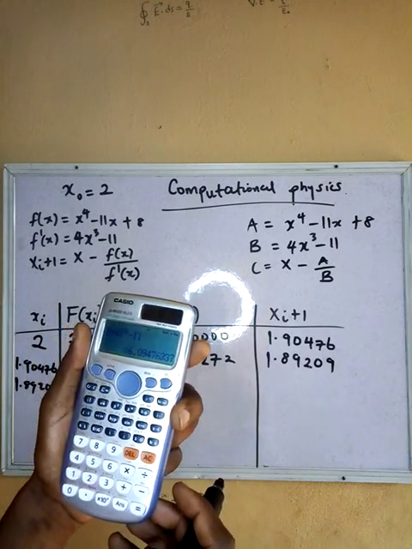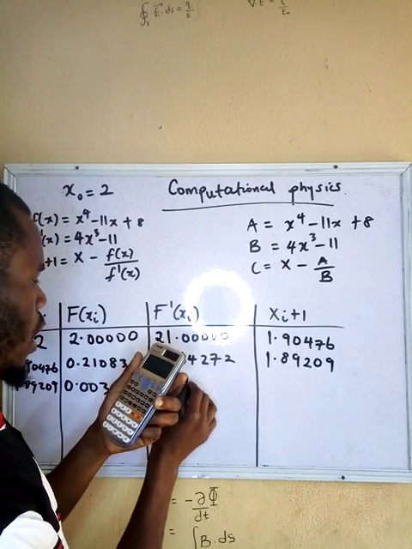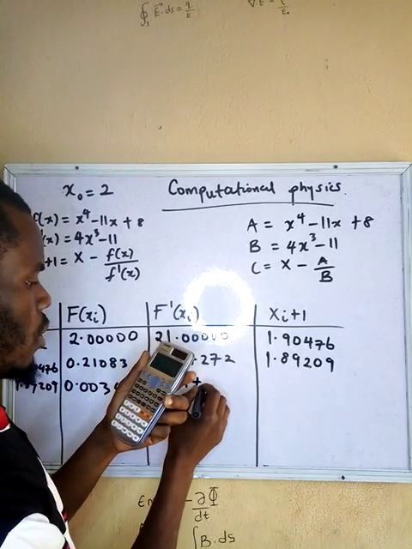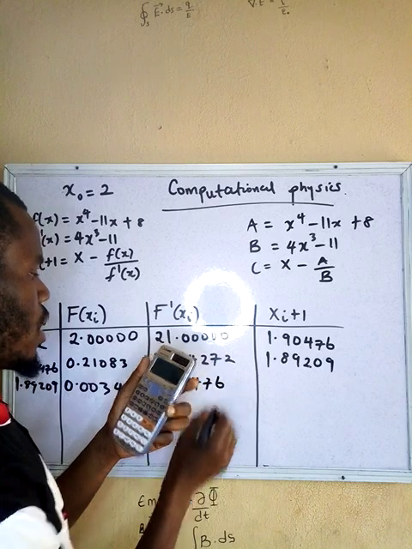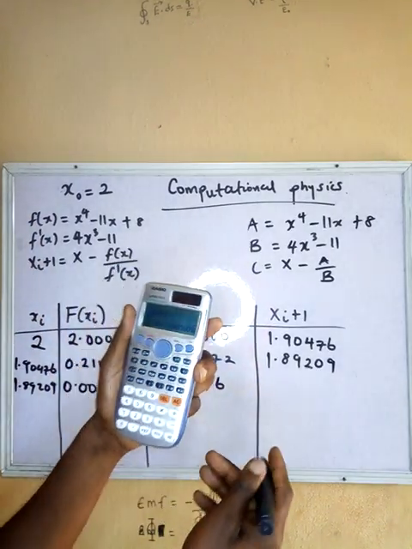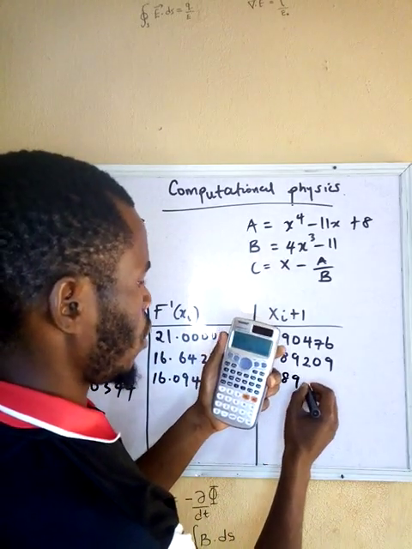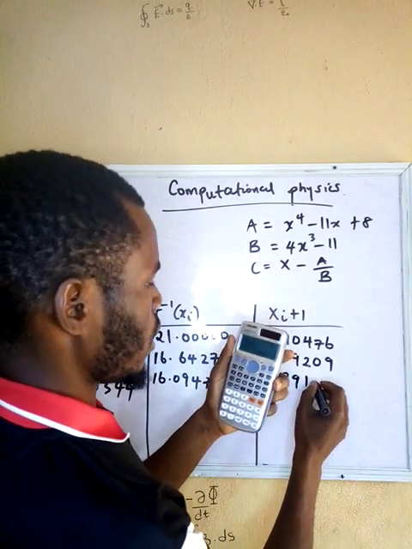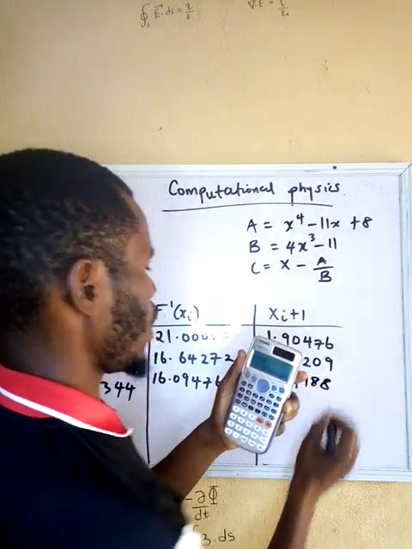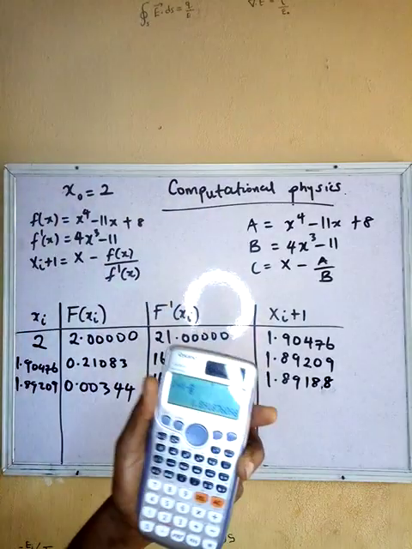Then the equality sign, this part becomes 16.09476. Then the next, we got 1.89188.